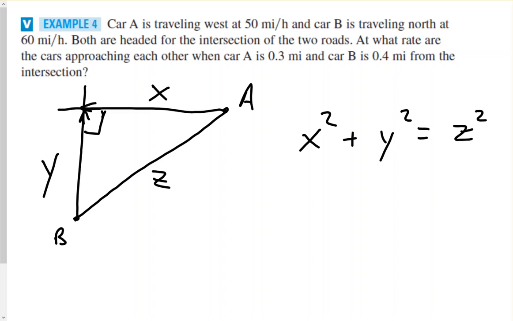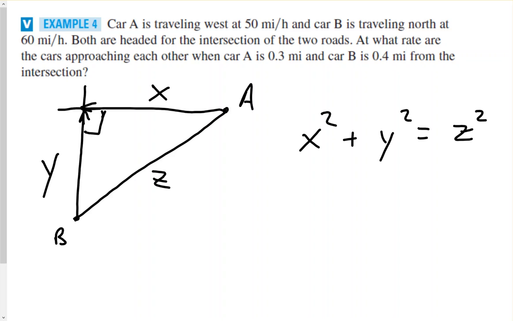Now one of the things we're going to note here is that we have, at what rate are the cars approaching each other when car A is 0.3 miles and car B is 0.4 miles from the intersection.